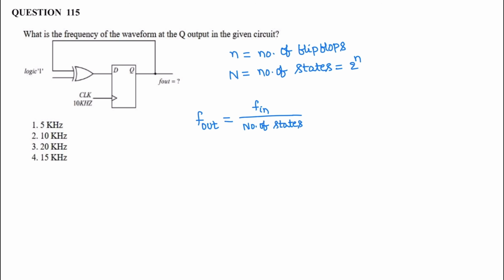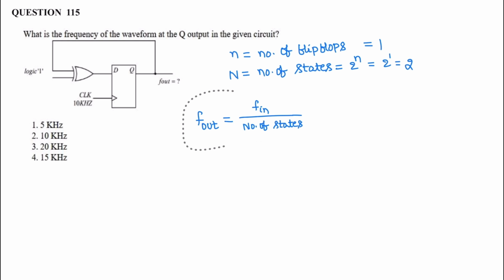Next question. What is the frequency of the waveform at the Q output in the given circuit? The given circuit has only one flip flop, so small n is 1. The number of states is 2 power 1, so the total number of states is 2. Now the output frequency is the ratio of input frequency to the number of states.